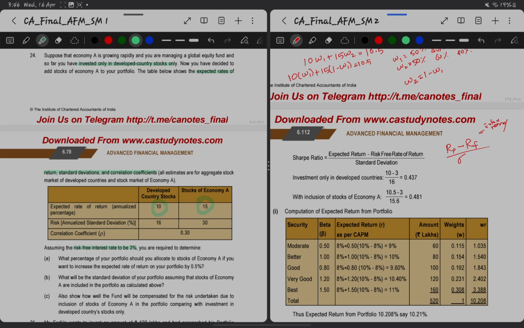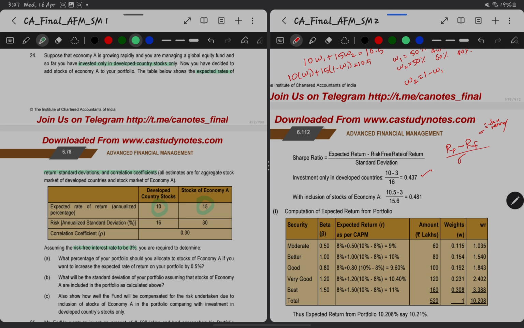So in the case of only developed countries, our return is 10% minus the risk-free return, which they have given as 3%, divided by the risk, so 0.437 is the extra return we are earning per unit risk of developed countries investment.